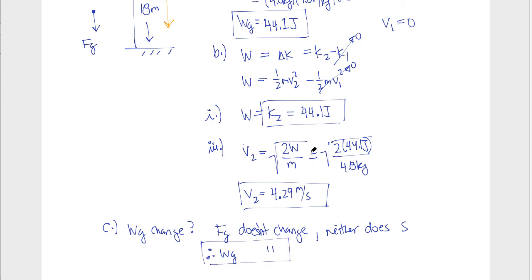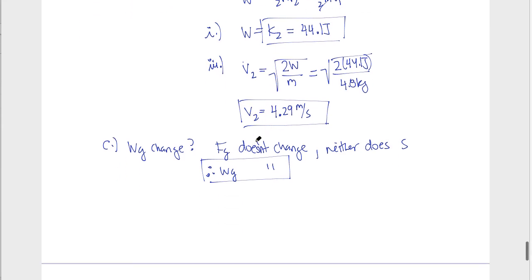Now B asks us, does the kinetic energy change and or does the speed change? Because as we see, if one of these changes, then the other should change. So for this, it's a little trickier, because even though work of gravity does not change, we actually are adding a work done by the air resistance, right? It is a frictional force, and that force will be acting upward against our displacement.